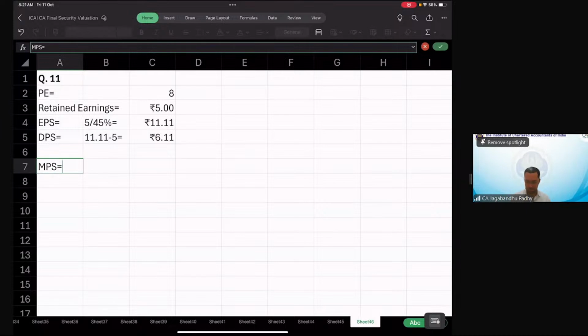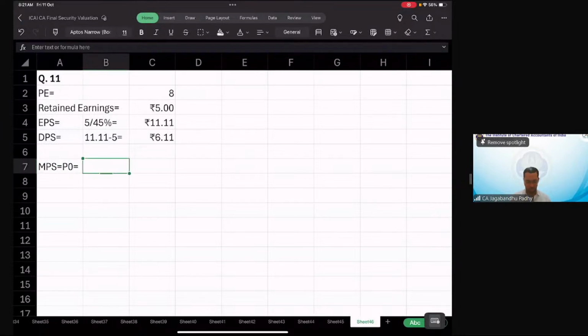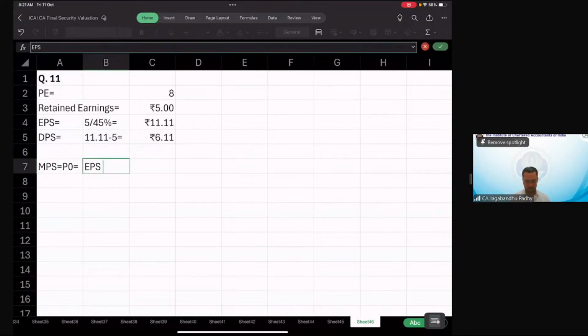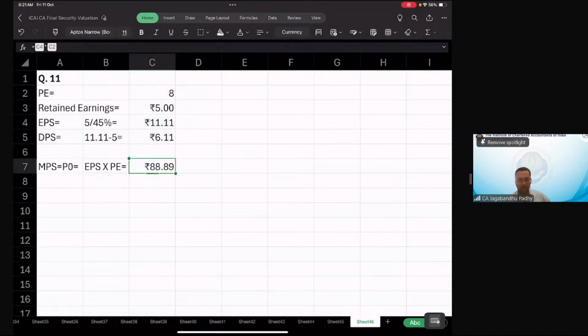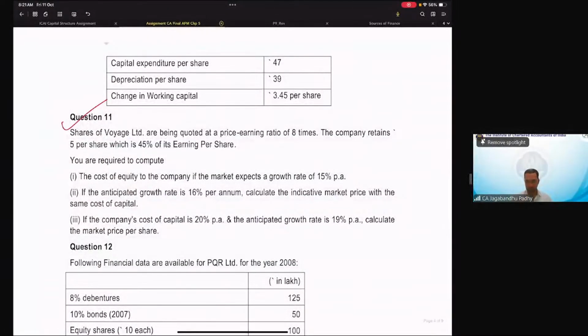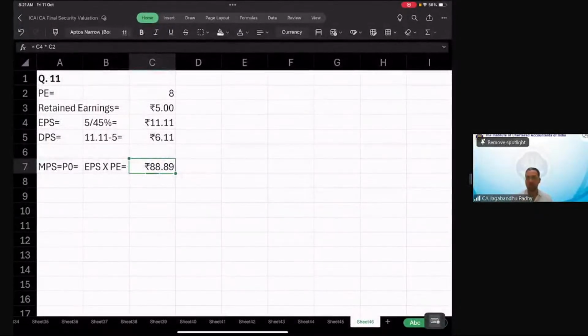Market price, or you can say P0, is EPS multiplied by P/E ratio. So EPS is 11.11 into a P/E ratio of 8, which is 88.89. Market price per share is 88.89.